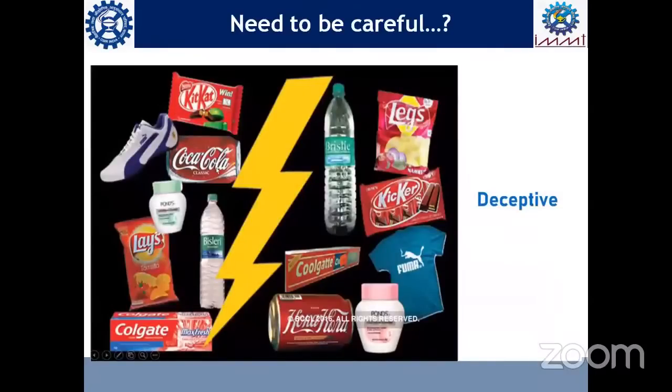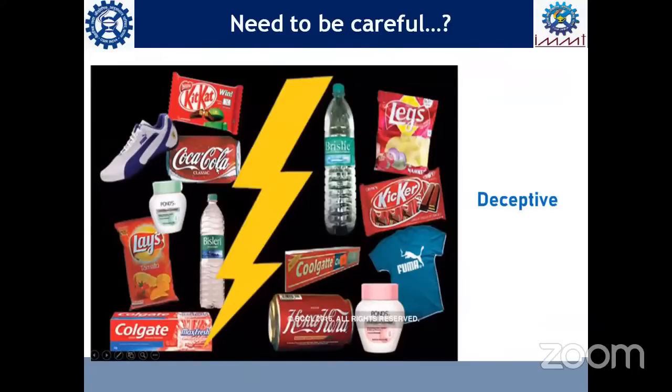But at the same time, IP is also there in these kinds of deceptive practices that are happening around. Yes, all these are original brands, Kit Kat, Coca-Cola, Ponds, Bisleri, and these are the deceptive brands. The water bottles that you purchase, maybe Bisleri, that you feel original, may not be really the original brand.